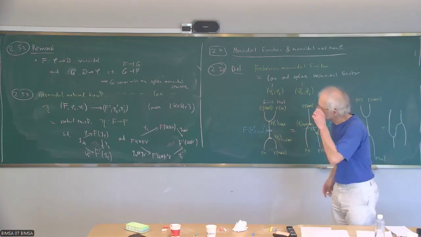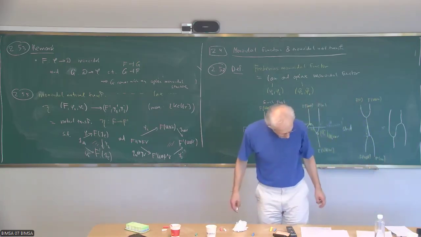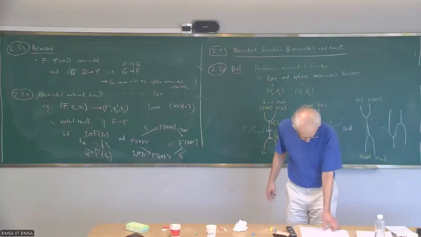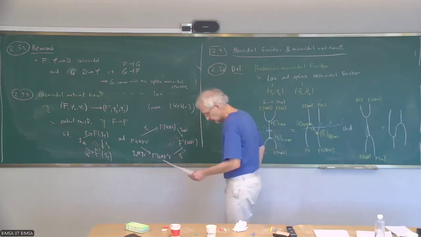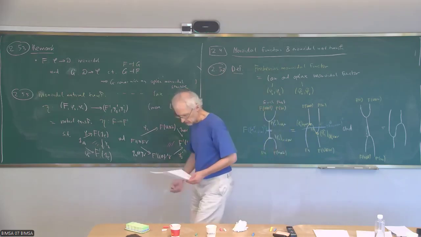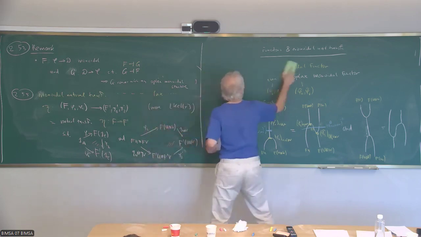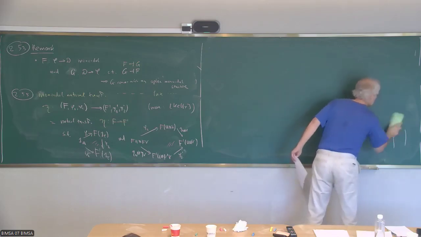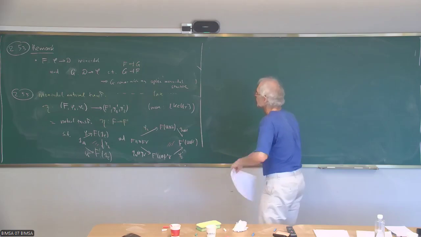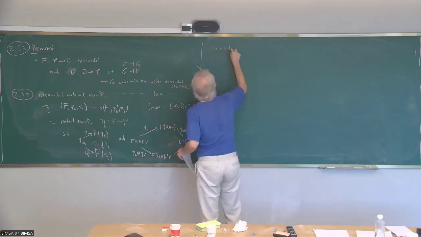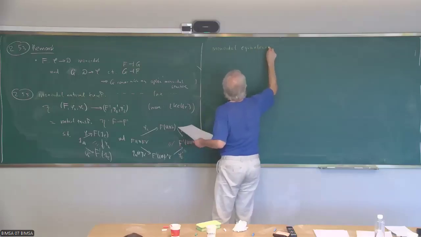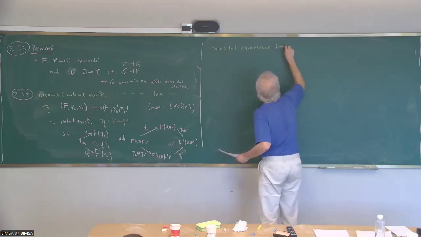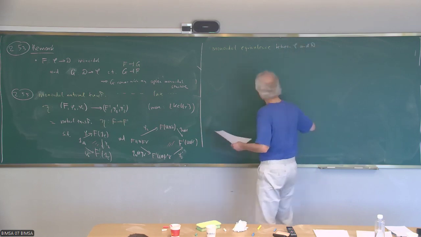And if a monoidal natural transformation is invertible, we call it a monoidal natural isomorphism, and we say that, maybe I write that, we have a monoidal equivalence of categories between C and D, which are monoidal categories.